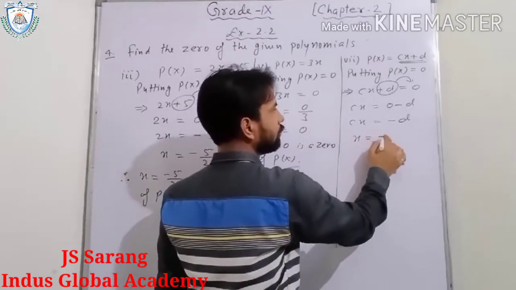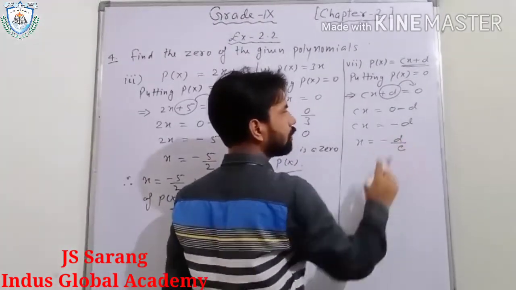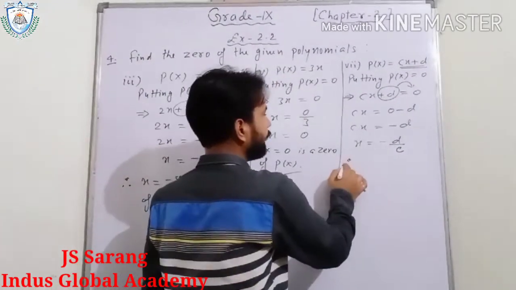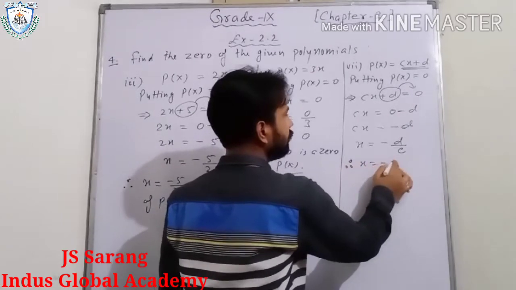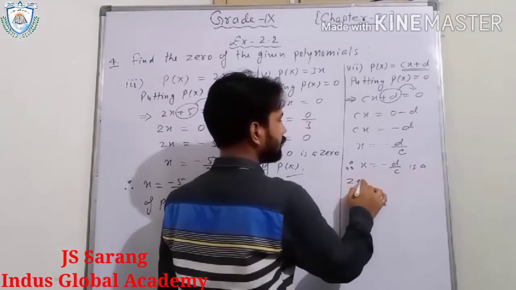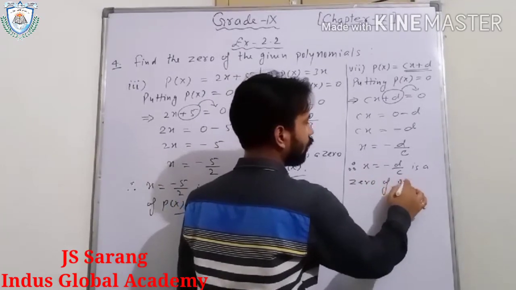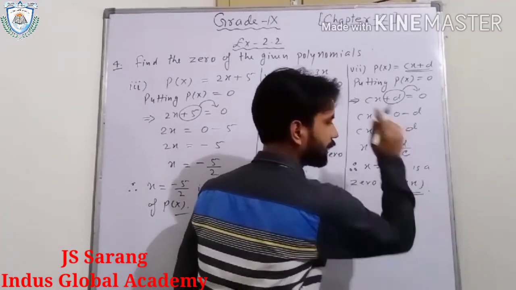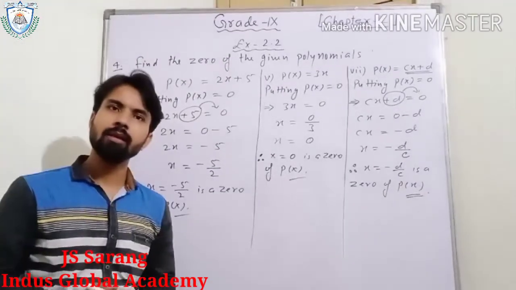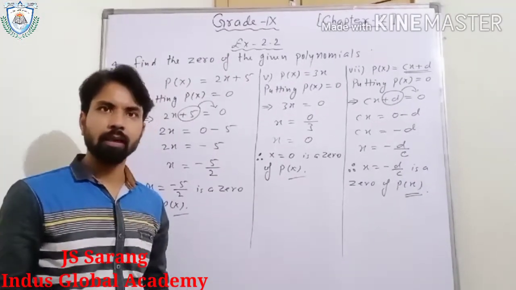So x equal to minus d upon c. So this is the answer. So at last you have to write x equals minus d upon c is a 0 of p(x). Clear? So by this method, we can find out the zeros of any polynomial.